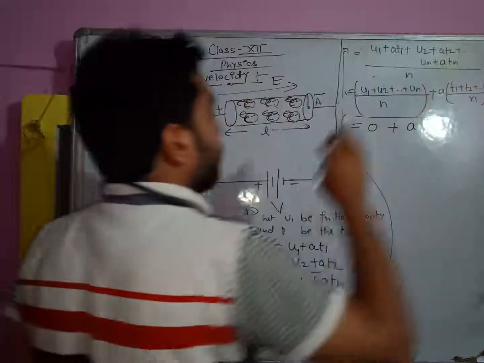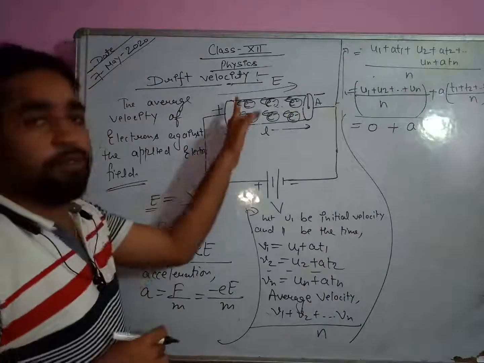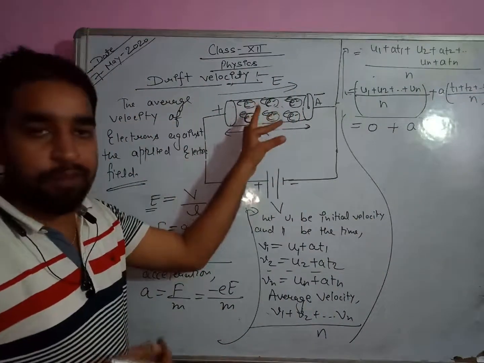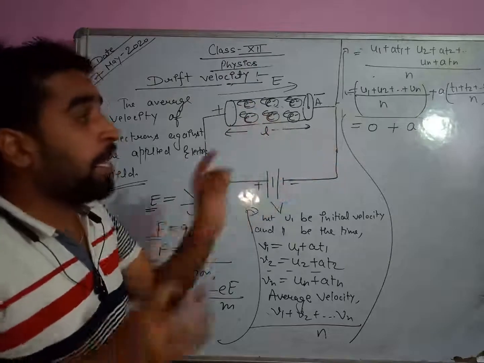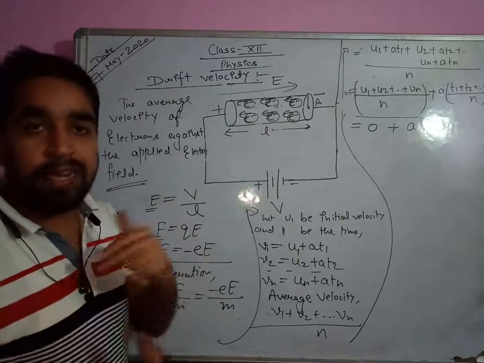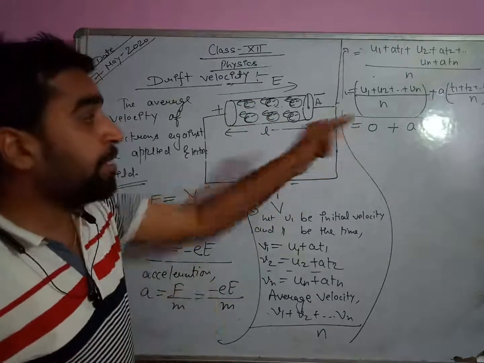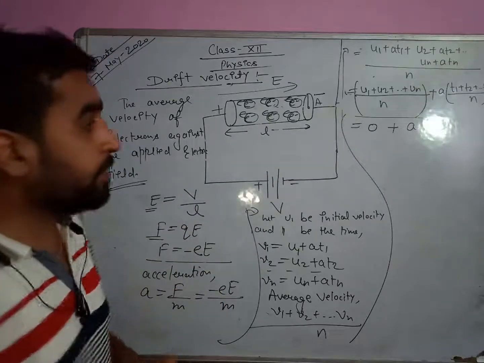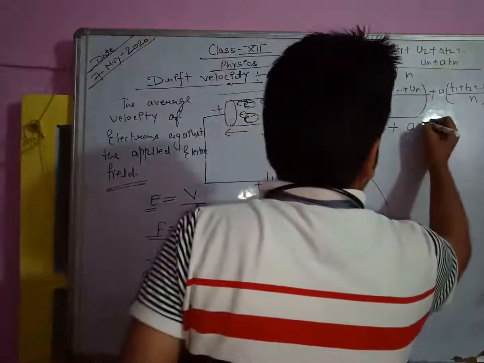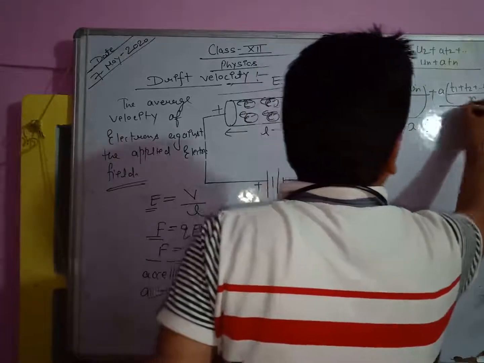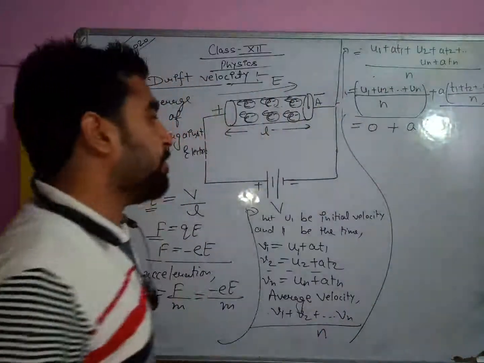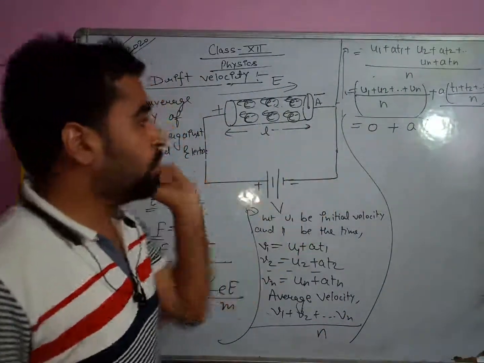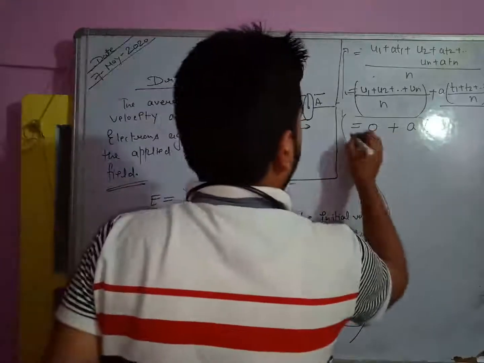Now t1 is the relaxation time of one electron, t2 of the second electron, and tn of the nth electron. So this is the average relaxation time, and I am giving it a special symbol, tau.